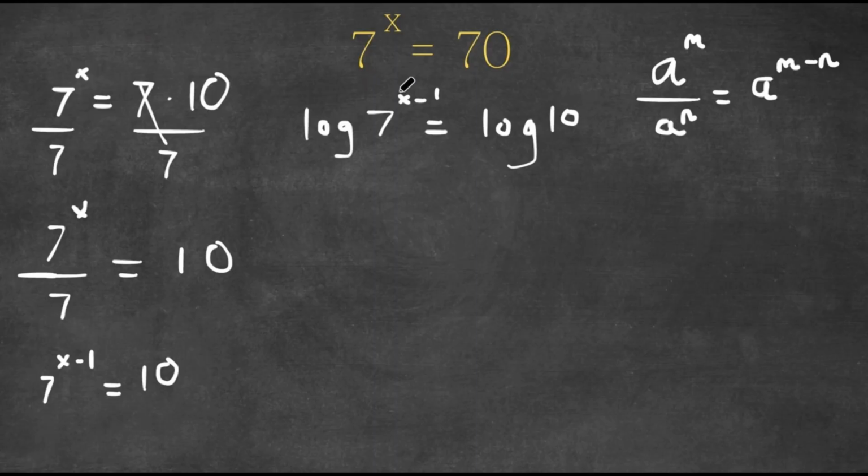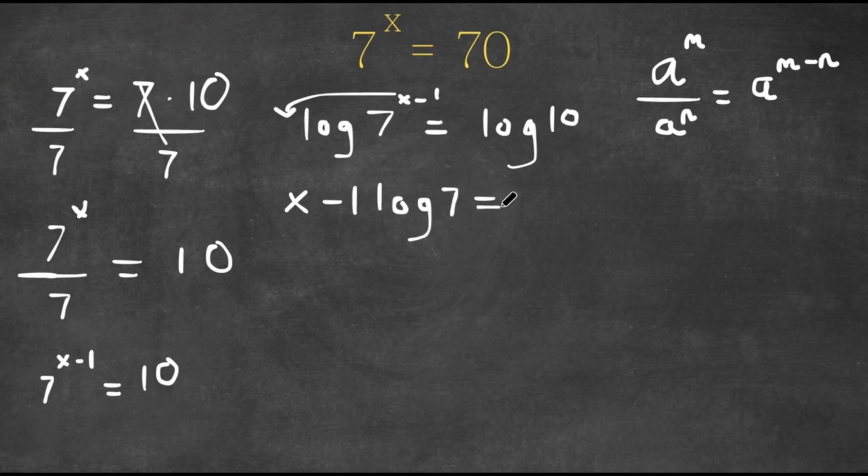Now, the power property of logarithms states that I can actually move this exponent here to the front of the log. So now this would be x minus 1 times log 7 is equal to log 10.